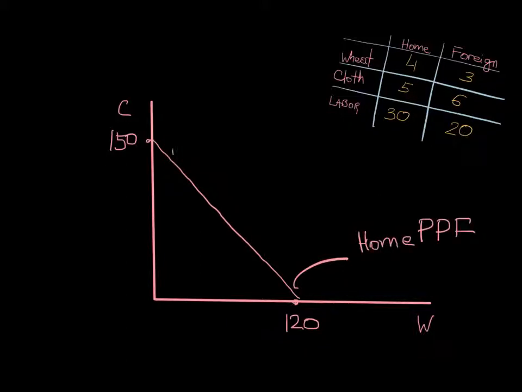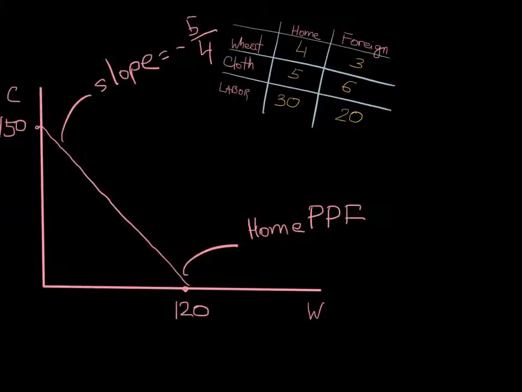The slope of this line will be negative 5 divided by 4. This slope, or rather the absolute value of it, is also the opportunity cost of production of wheat at home.